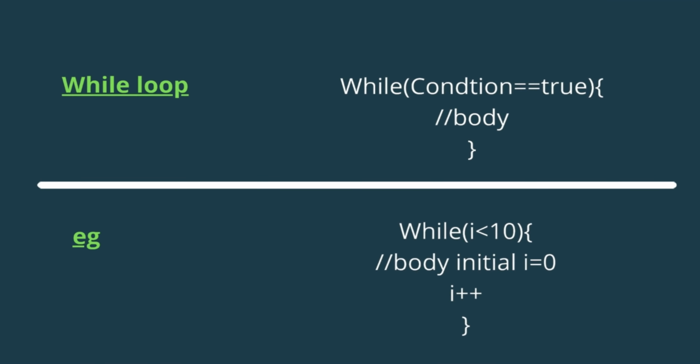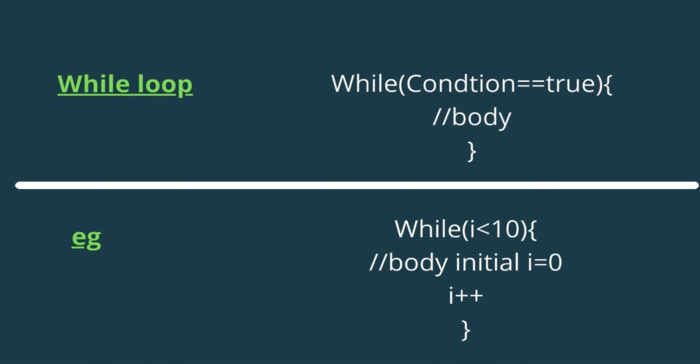Second is the while loop. In a while loop we only give the condition in the parentheses, and if the condition is true then the body of the loop will execute, and if the condition is false then it will break the loop. Let's see it in an example. Here I have given the condition i is less than 10, and in the body I have incremented i by 1.